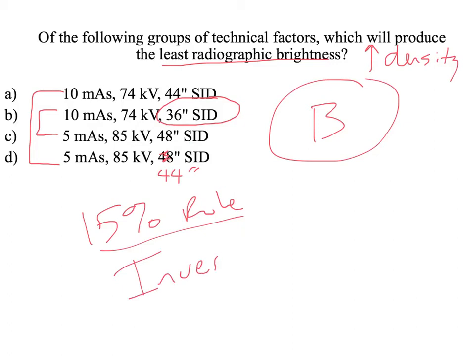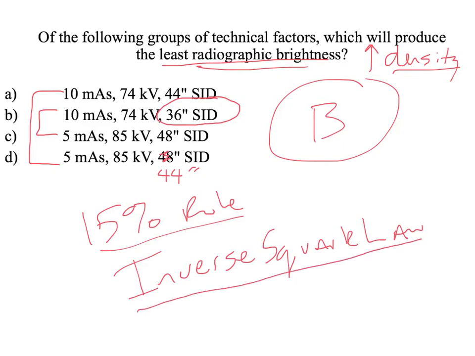I didn't work it all the way out, but I had a firm enough foundation in it that I knew that this increase in SID was going to bump things over the edge, and it was going to create the most density, the least radiographic brightness. Questions about that? So without doing all the math, I applied both the 15% rule and the inverse square law to arrive at that answer.